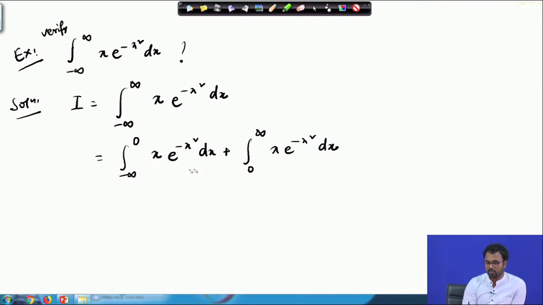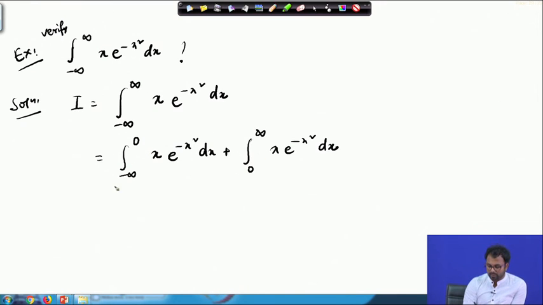We have to make sure that in these intervals the function is not unbounded. Whatever point I choose, in between those points the function should not be unbounded. Between minus infinity and 0, whatever we substitute, it will always remain finite, and similarly from 0 to infinity. So, we have to choose this point in such a way that the integrand remains bounded.